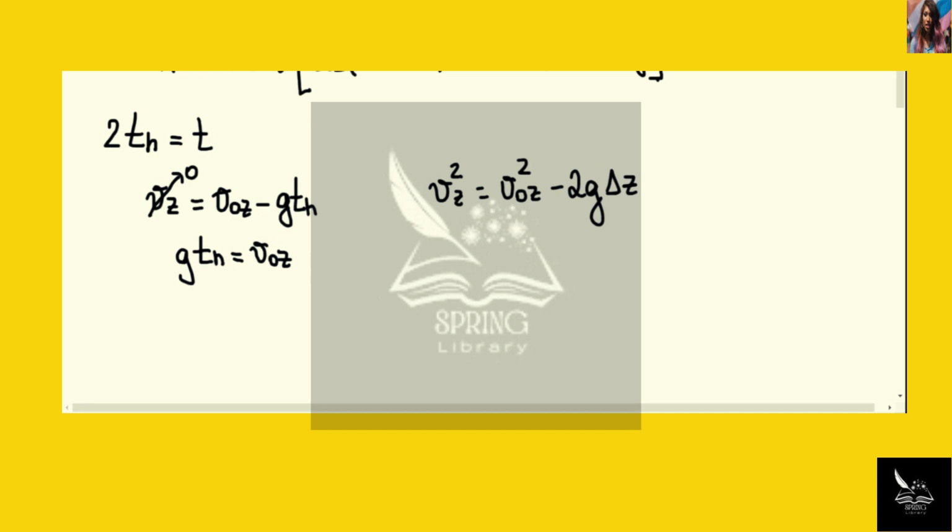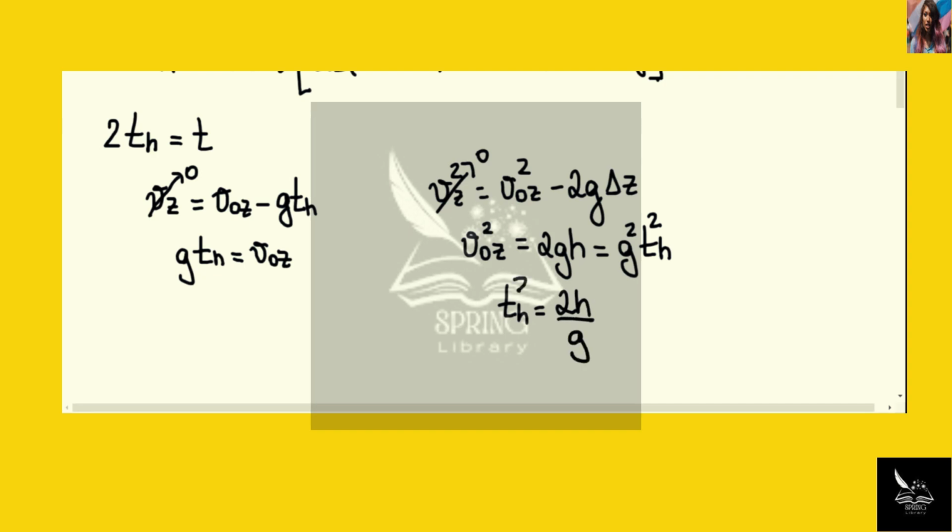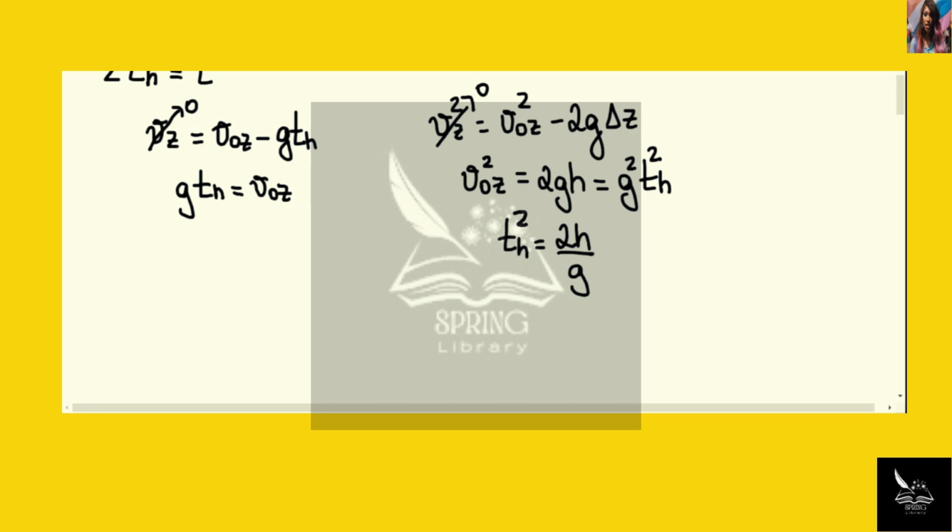When delta z is equal to h, when the flea is at its maximum height, vz equals 0, and we have that v0z squared is equal to 2gh. But v0z squared is also equal to g squared th squared, and for that reason th squared is equal to 2h divided by g, and th is the square root of 2h over g.